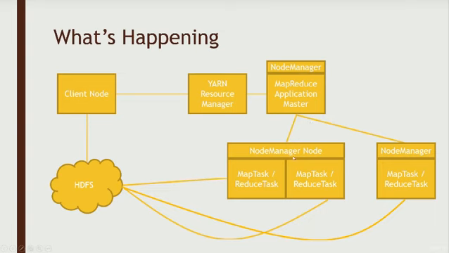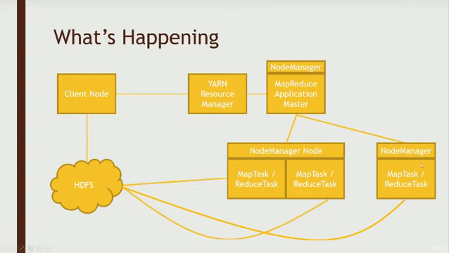So let's imagine that we have two different machines in our cluster here, apart from our resource manager. And maybe this one's running a map task and another map task. These both might be running under a different container, a different JVM, but they're still managed by the same node manager, which talks to our application master and keeps track of what's running where.